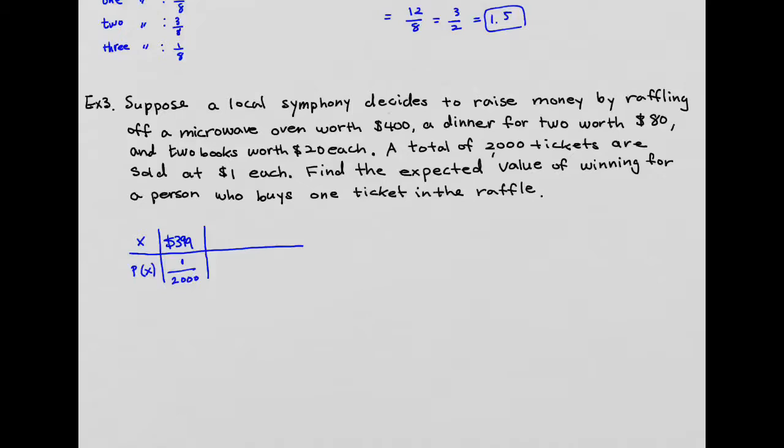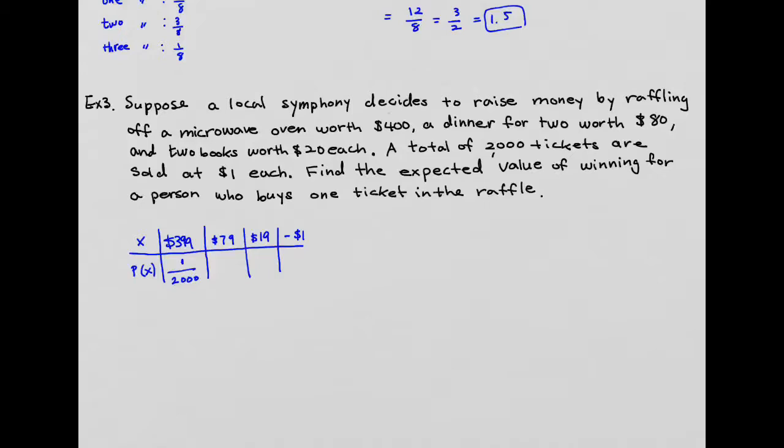The second one is the dinner for 2 worth $80. Subtract $1, which is the ticket price, and you're going to make $79. And your book is $20 each, so minus 1 will be 19. And when you don't win anything, that's going to be minus $1, right?